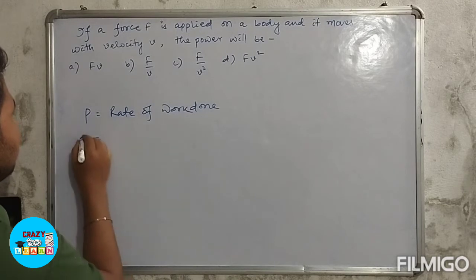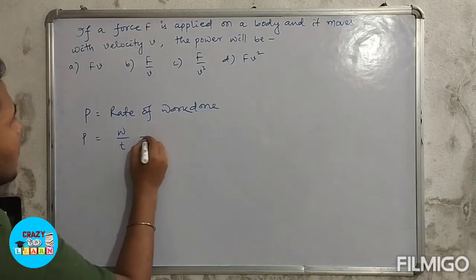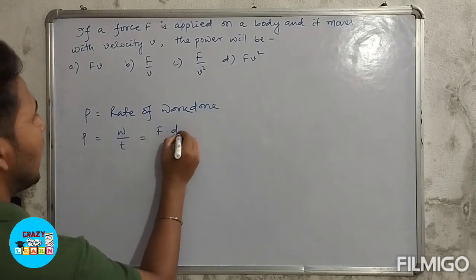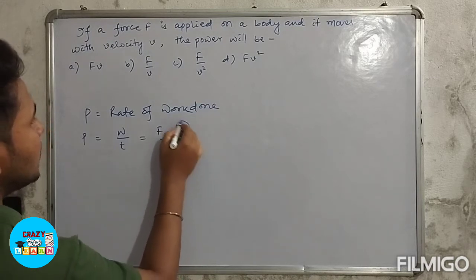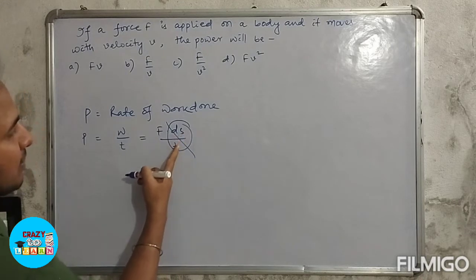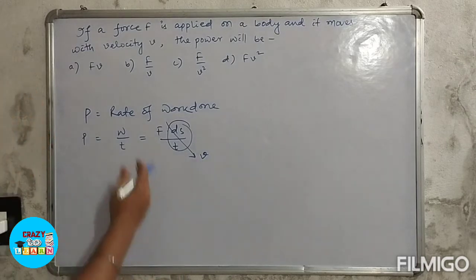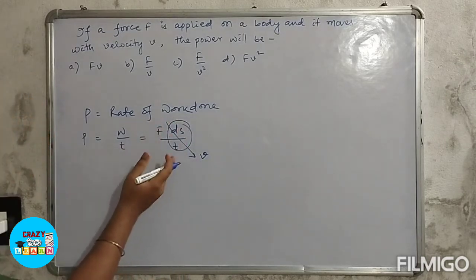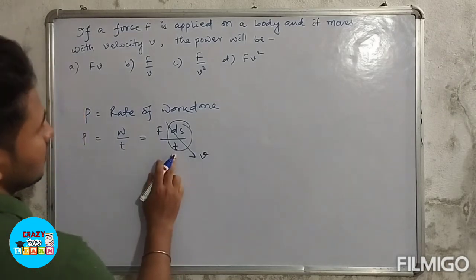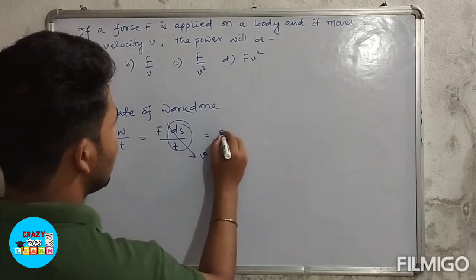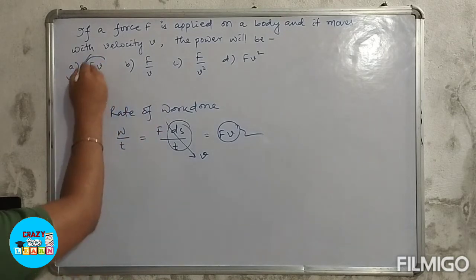So P is equal to W by T, and we know W is equal to F dot ds, divided by T. Okay, so if you consider ds by T, displacement in a time T, which is equal to V. Rate of change of displacement with time is velocity. So it is equal to force into velocity. So the power will be force into velocity.